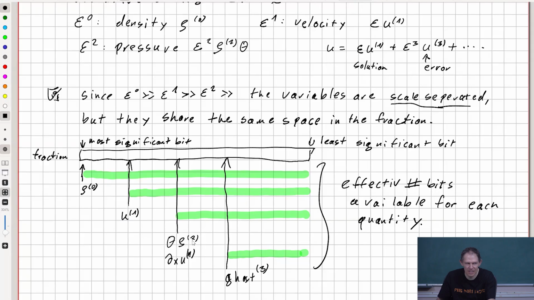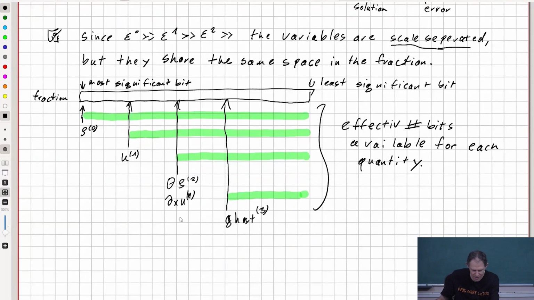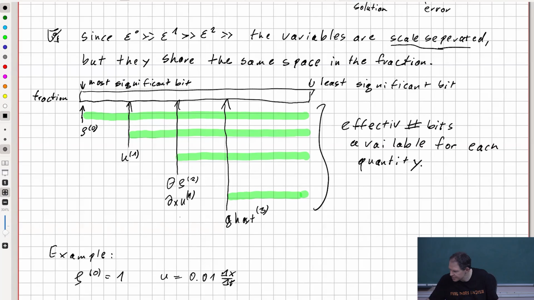So let's just make an example. So say we have rho to zero order is 1 and u is 0.01 delta x by delta t.